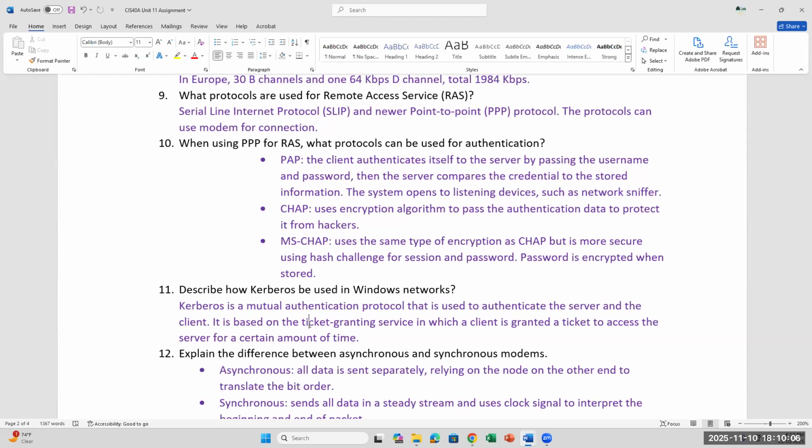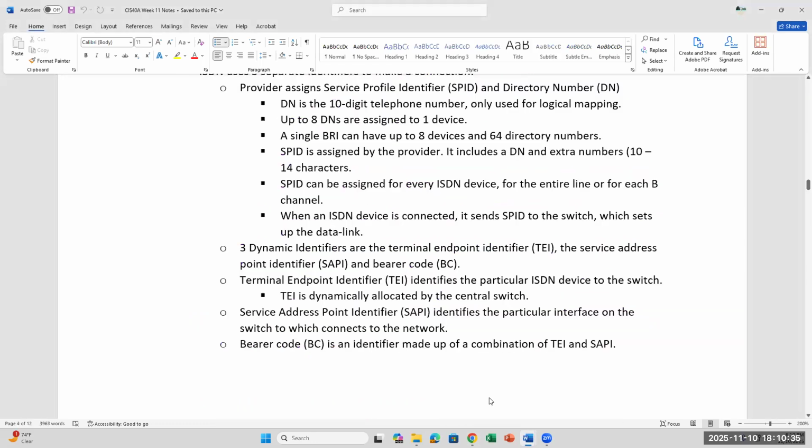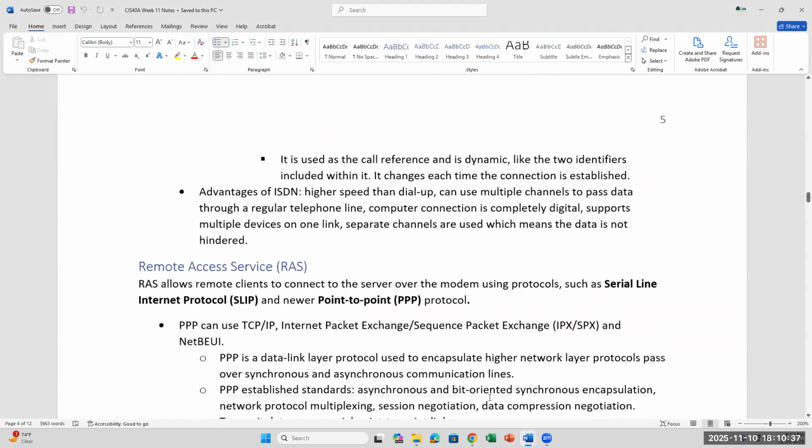So after I successfully authenticate, I would receive a security token, and that security token would allow me to access certain resources. But Kerberos is the service that we would use for mutual authentication. So that means that the server and the client need to agree when it authenticates. And CIS 27 talks about that.